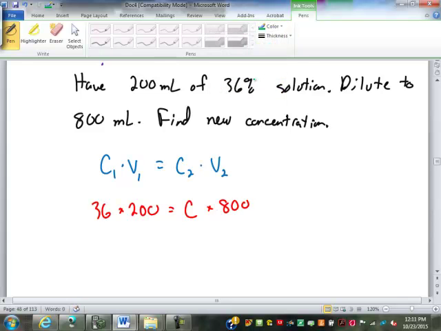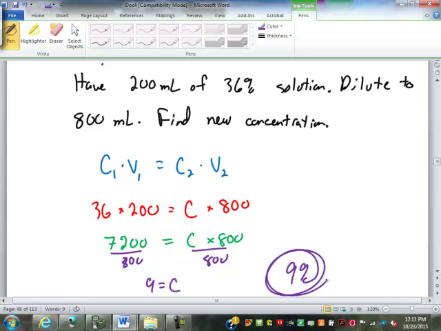So you're going to multiply this out. 36 times 200 is 7,200. And you're going to divide by 800. Because the new concentration is 9, or 9%. Is that all looking familiar so far?